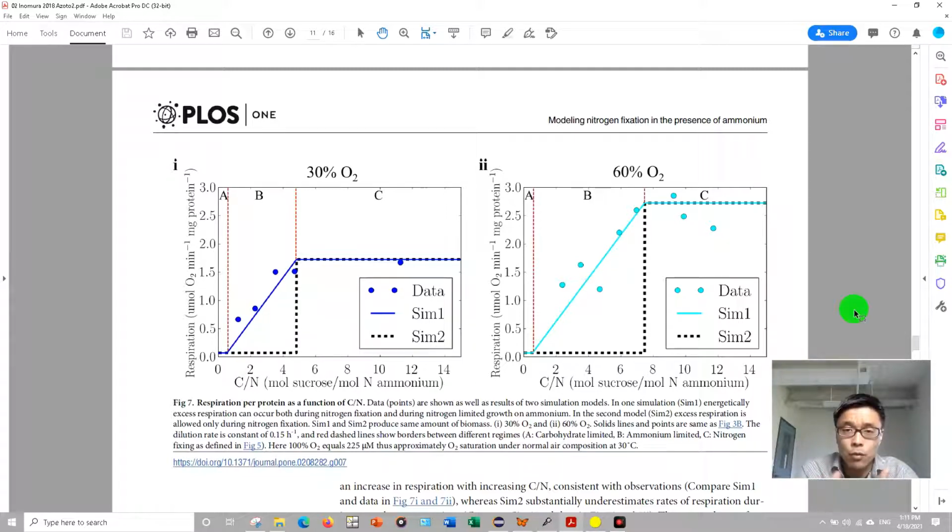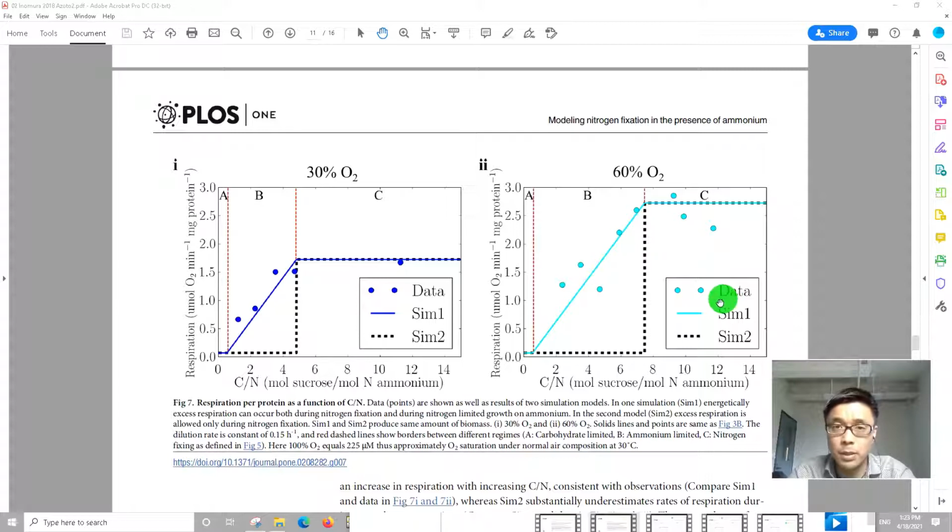And it's natural to assume that it only happens when nitrogen fixation is happening because that's basically what it's for. But this result shows that even if nitrogen fixation is not happening, high respiration or respiratory protection seems to be happening.